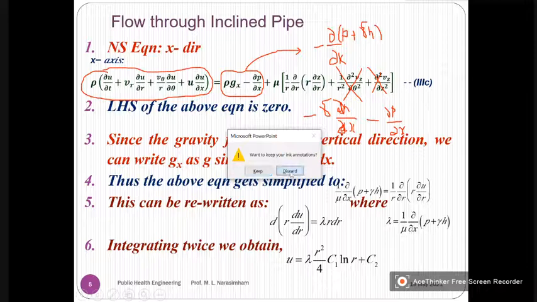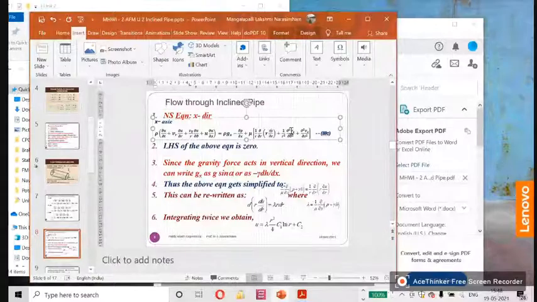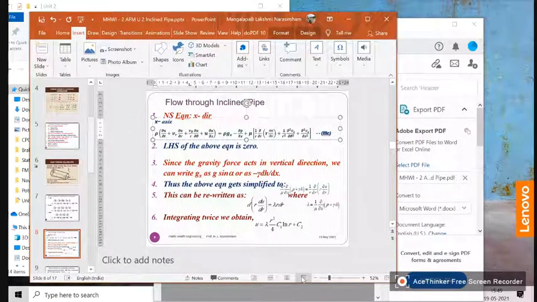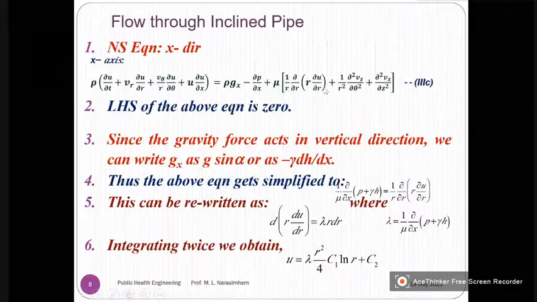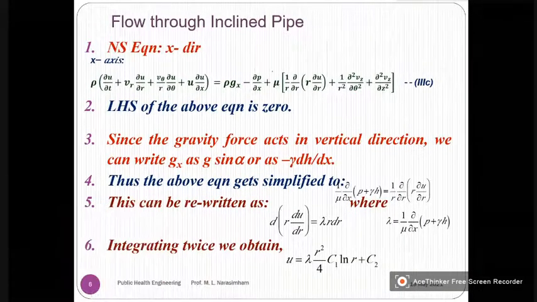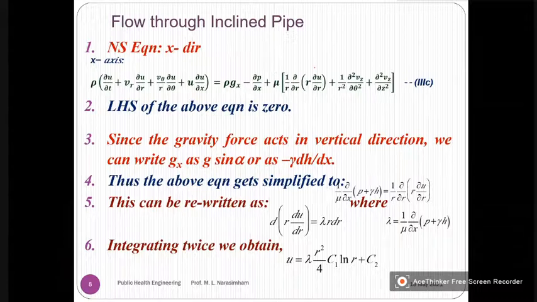See, there is a small term, this is U. This term will be present because U is not 0.